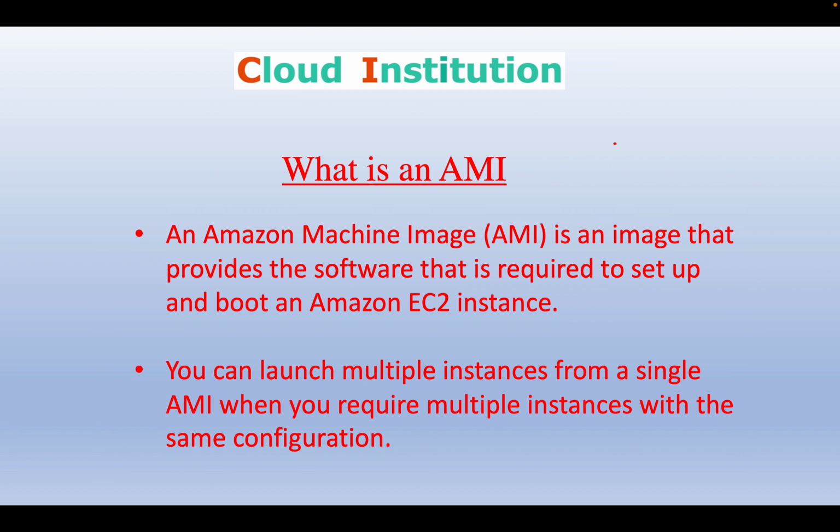That is a very important concept, which we are going to see today. You can launch multiple instances from a single AMI. This is just like an ISO image. In the earlier days, if you wanted to install any operating system, Windows or Linux, on your desktop or laptop, you needed an ISO image.